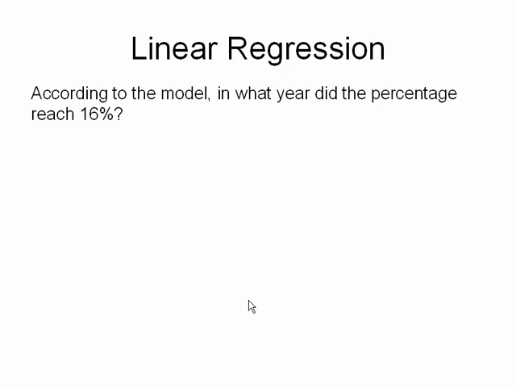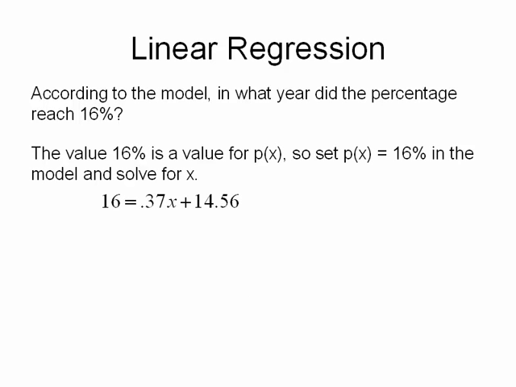According to the model, in what year did that percentage reach 16%? The value 16% is a value for our function p of x, so we set p of x equal to 16% in the model and solve for x. That leaves us with 16 equals 0.37x plus 14.56.